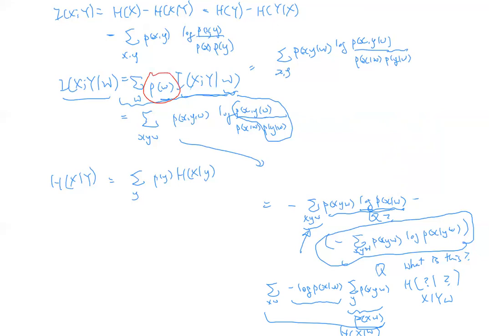Then we have an expression like this, and this will end up with just H(X given W) minus H(X given Y, W). Of course it's symmetric, so it's also equal to H(Y given W) minus H(Y given X, W).